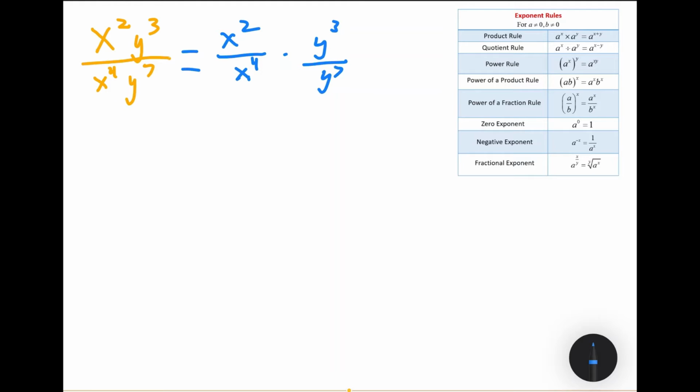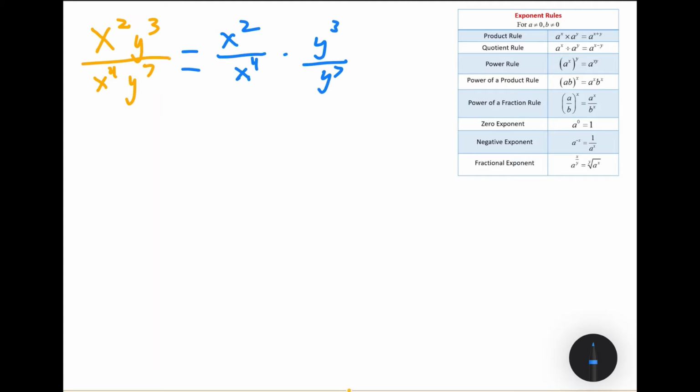And maybe that's a little bit easier to read to use your quotient rule, because now I have the same variable being divided by each other, but with different exponents. And so now, seeing our equation split, let's use our quotient rule as step number one.